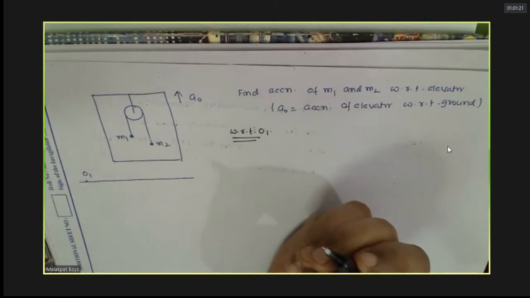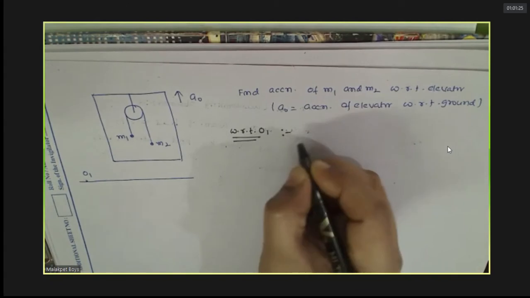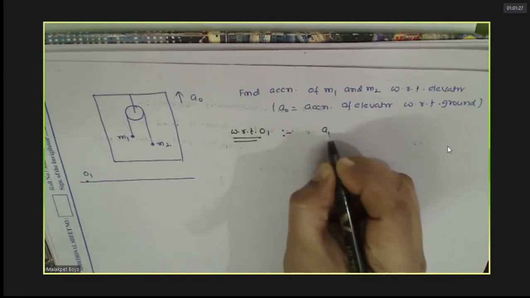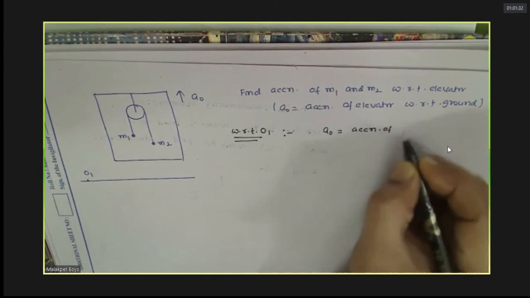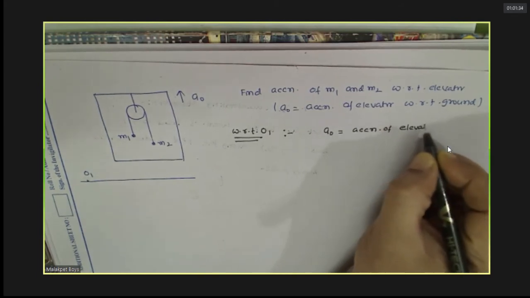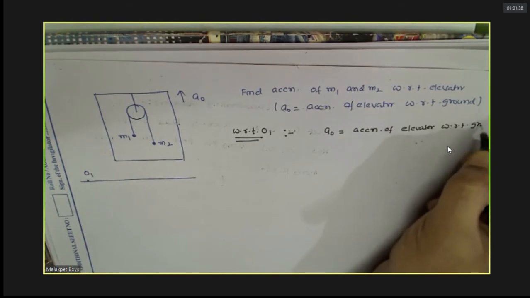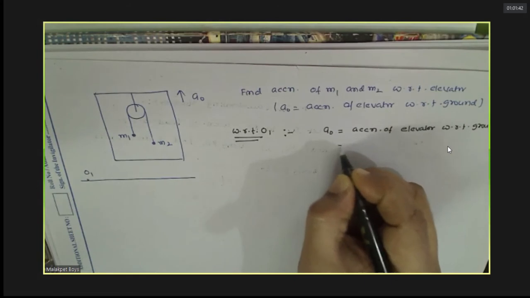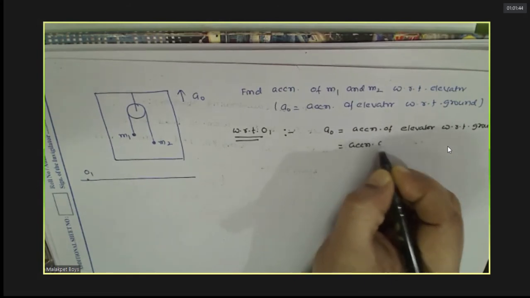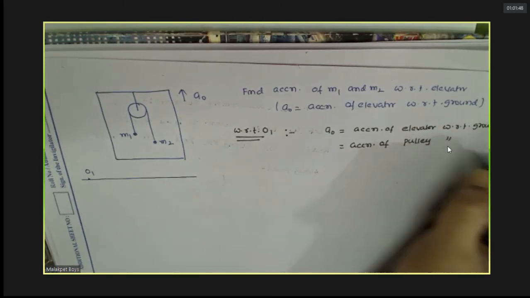Okay, so let us observe that here A naught is nothing but the acceleration of the pulley with respect to ground.